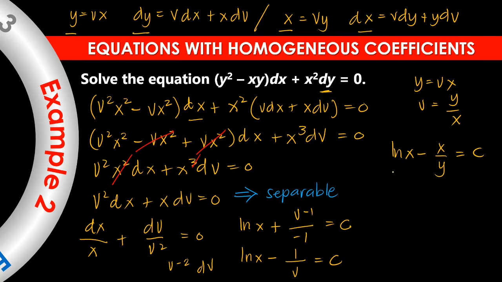After some algebraic manipulation, ln of x minus c equals x over y. Solving for y, y equals x over ln of x minus c.